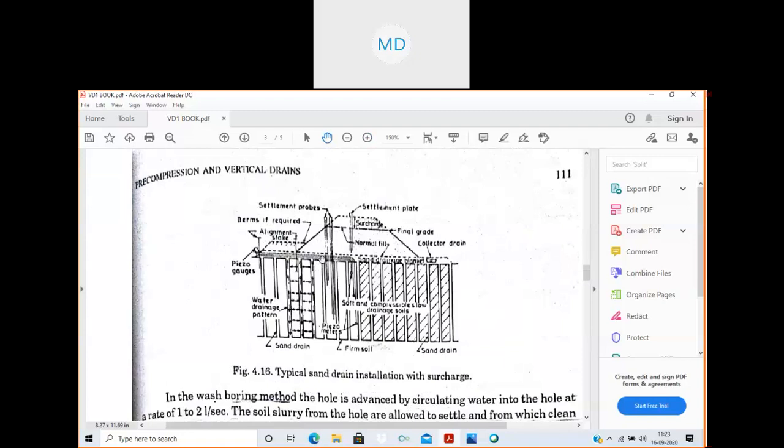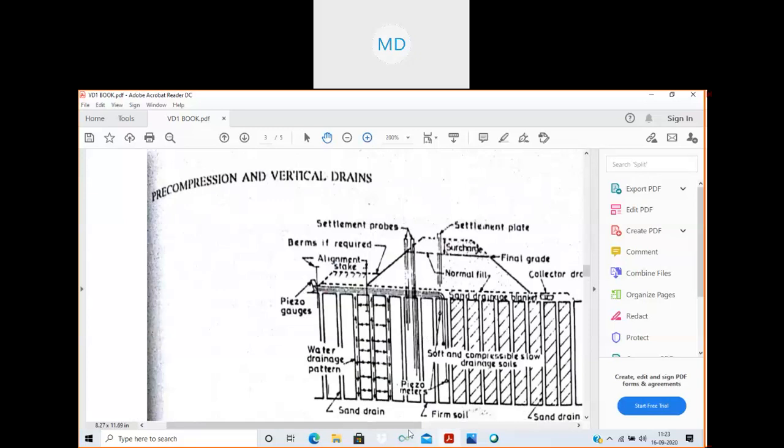Just see here, this is the ground portion, and above this, these dotted lines are shown. Means a sand blanket is laid here. Sand drainage blanket, it's written. See here properly, though the diagram is not much clear.